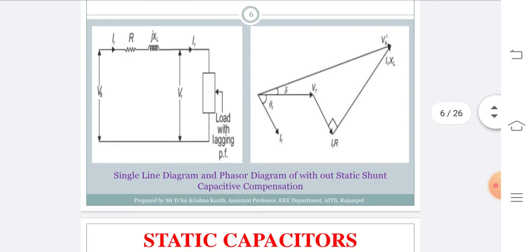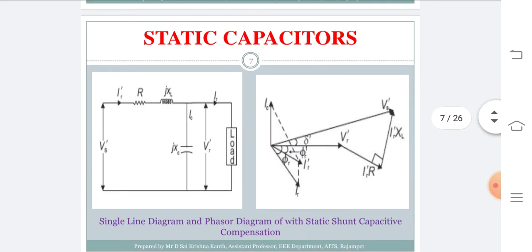Here again the inclusion of the capacitor is shown in the left side diagram. This capacitor injects the reactive component of current into the load or into the system. So firstly Vr dash is taken as the reference vector. Ir is the amount of current flowing through the load initially, but after installation of the capacitor it injects a reactive component of current Ic.